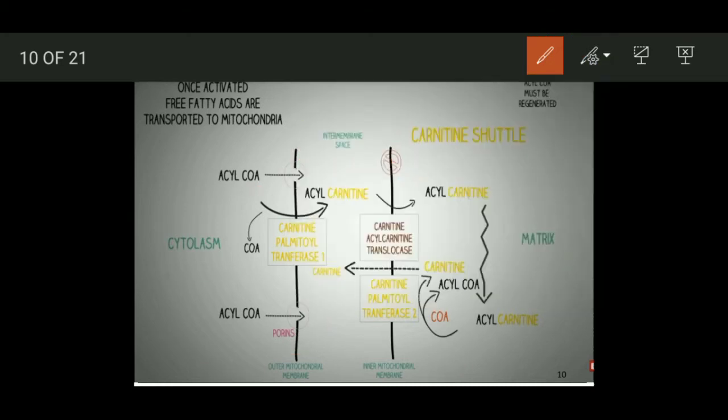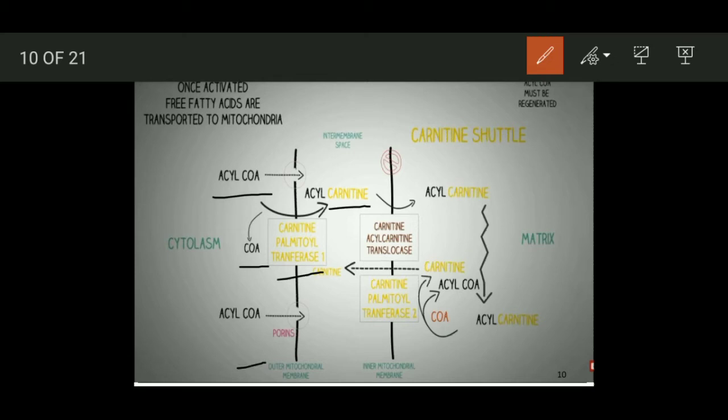In the carnitine shuttle, the coenzyme A part of the acyl coenzyme A separates, and carnitine is added, which is provided by the enzyme carnitine palmitoyl transferase 1, which is bound in the outer mitochondrial membrane. Understand step by step, guys.